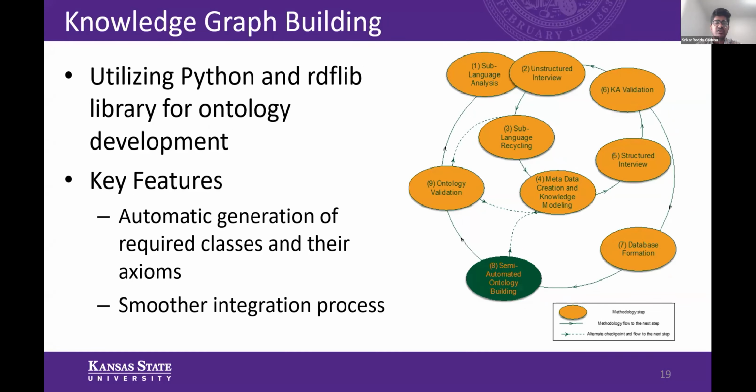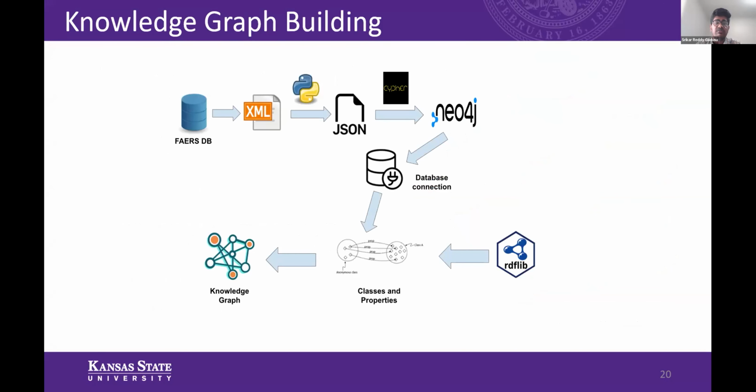The key feature of this is to automatically generate classes and their axioms from the Neo4j data and provide a smoother integration process. For that, we first made a connection with the Neo4j database and fetched the data in sessions.